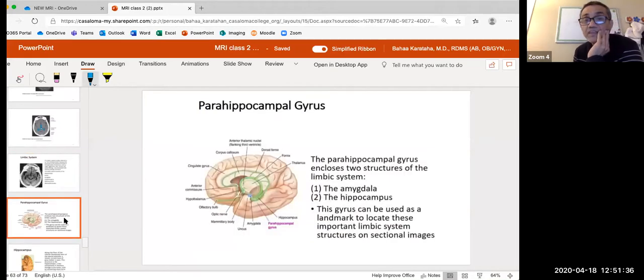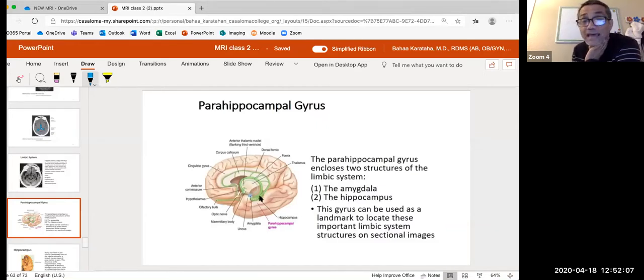Let's start with the hippocampus and parahippocampal gyrus. If you look at this picture, this part of the brain structure, which is mainly located in your temporal lobe, or you can say between the parietal and the temporal, we refer to it as the hippocampus. Now, this is too hard to identify imaging wise.